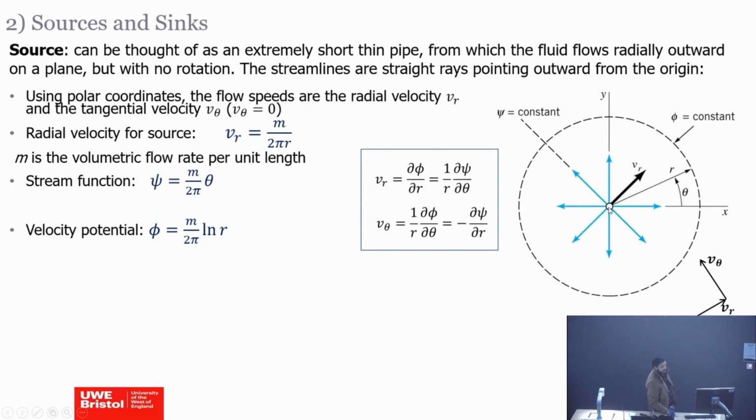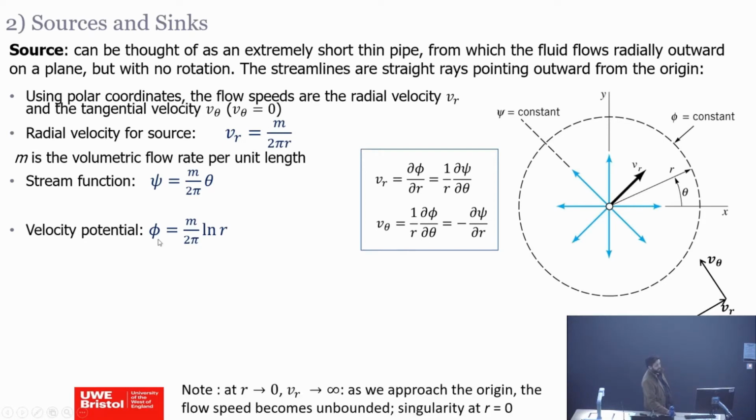So when r goes to 0, what do you think happens to VR from this equation? Anyone? Tends to infinity, yes. So it blows up, right? 1 over something going to 0 obviously goes to infinity.